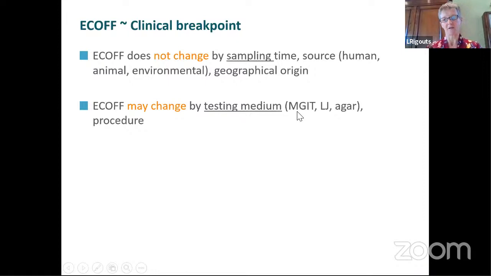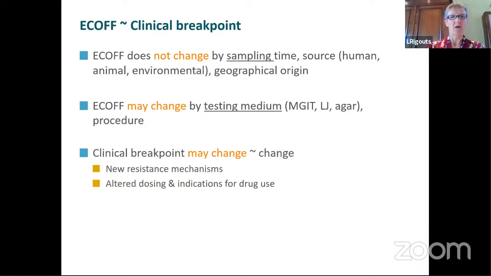We all know that the concentrations in MGIT, on LJ or an agar medium can be different, so also the ECOFF may differ. The clinical breakpoints, however, may change if there are new resistance mechanisms occurring in the bacilli, or if there is an altered dosing used and different indications for the drug use.